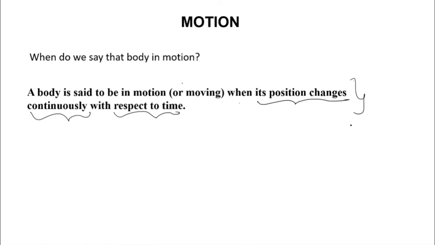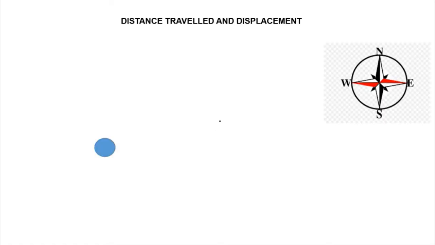Right? Now with this we'll move to the next concept, to understand what we mean by distance traveled as well as displacement, because these two are required to solve the question which we have taken in the beginning of this video. Let us take an object at position A. Let us have a clear understanding of the directions on the map or on paper.